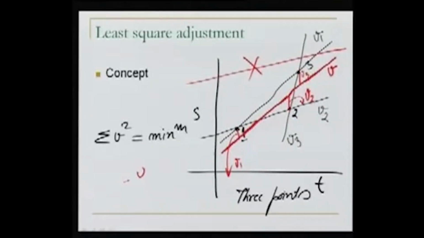Now how to realize that? These deviations are, some are negative and some are positive, isn't it? So we want to take all the deviations into account. So the way we try to achieve it is, we say that the sum of squares of all the residuals, all the deviations, should be minimum.